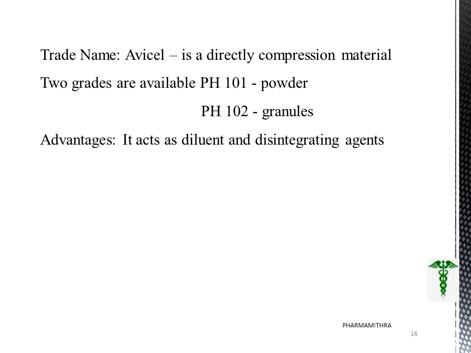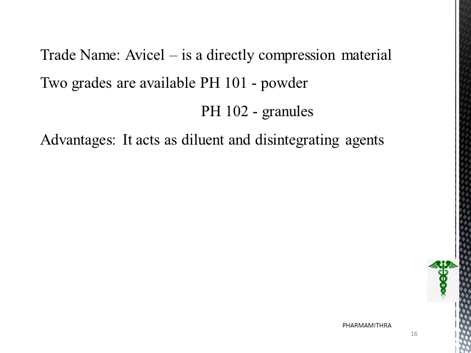Today also I am giving some tips for the exams, from the topic tablet. If you are asked what is avicel? It is a direct compression material, and two grades of avicel are available. One is pH 101, which is available in the powder form, whereas pH 102 is for the granules type.